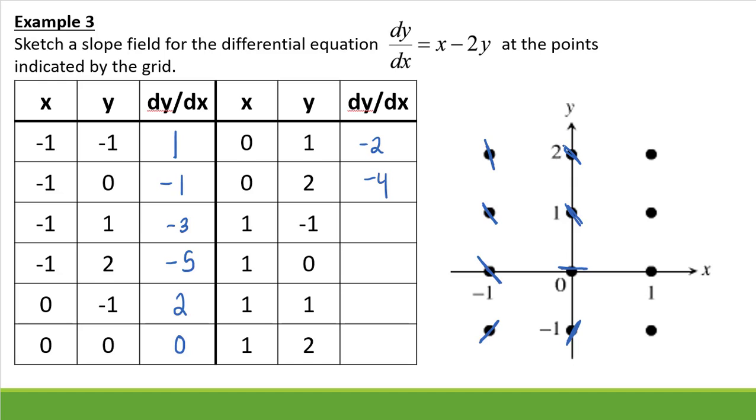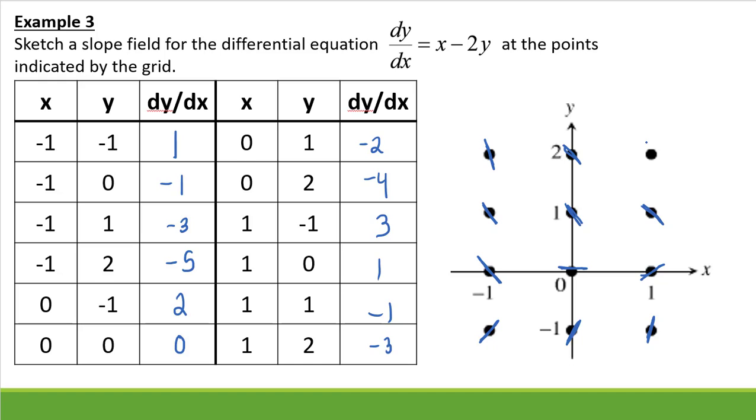Let me fill in the rest of the chart. 3, 1, -1, -3. Plotting my points, a little bit steeper of a slope. I have a slope of 1, a slope of -1, and a slope of -3.